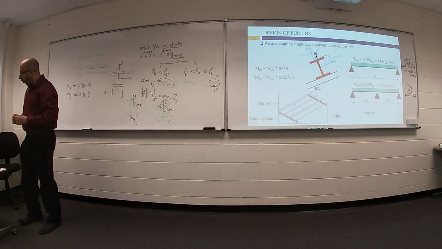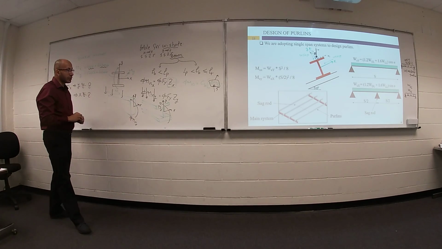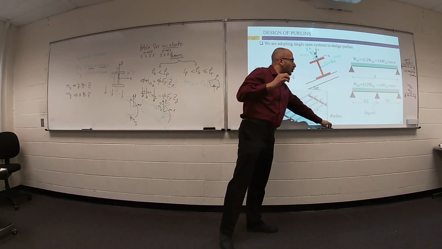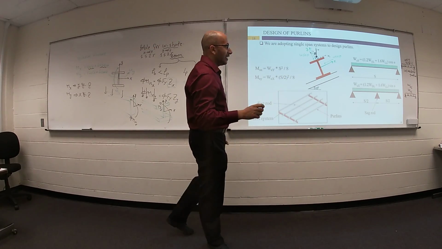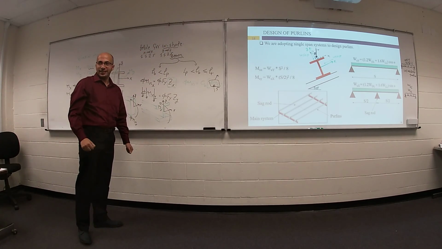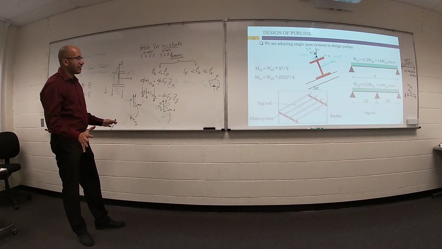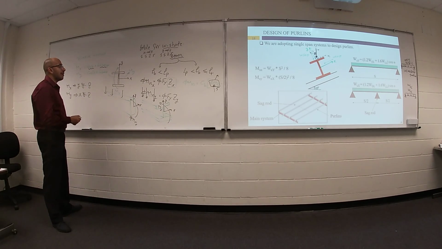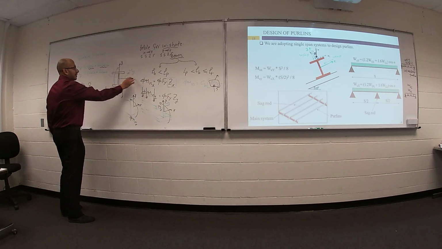If you watch your cross section, most of the time, your cross section has a very strong direction and another weak direction. Most of the time, your cross section has the strongest direction about x-axis.